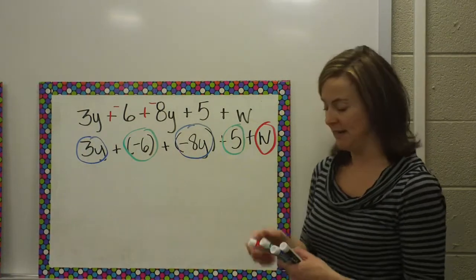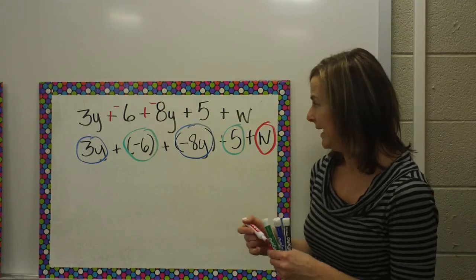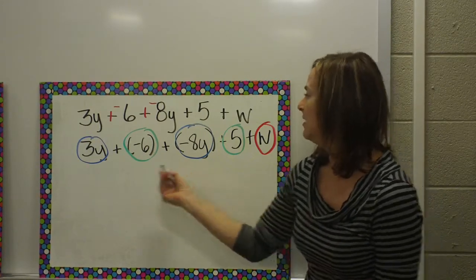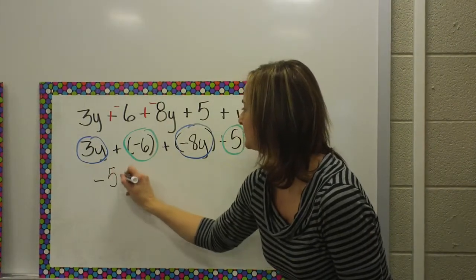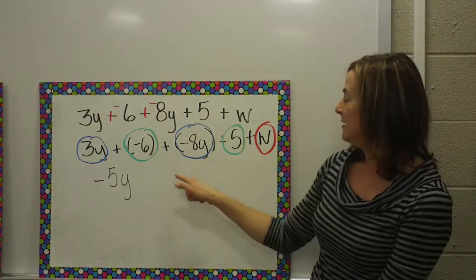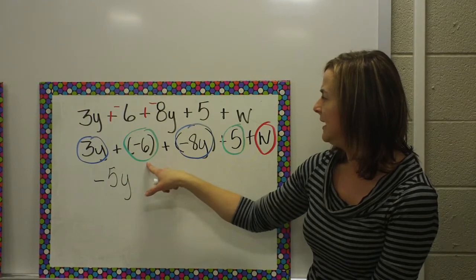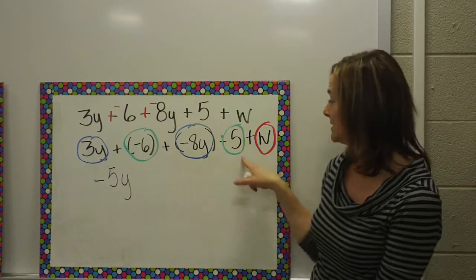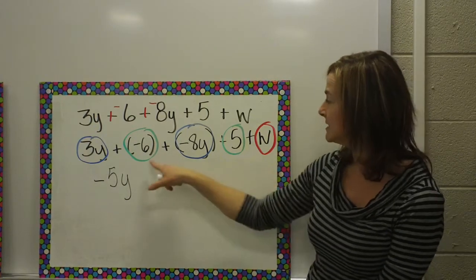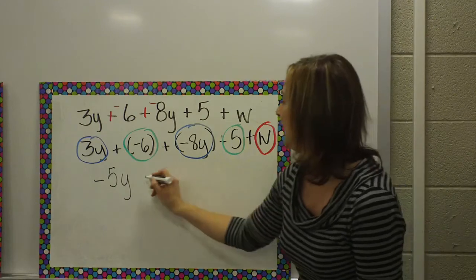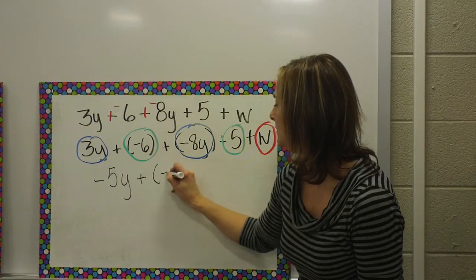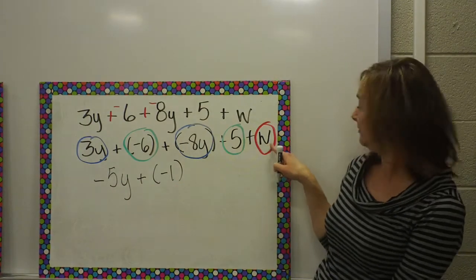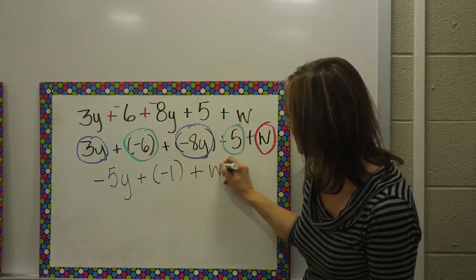Well, 3 and a negative 8 is going to be a negative 5. So I have negative 5y. Then I have a negative 6 and a positive 5. So that means, since I have different signs, I find the difference. And I'm left with a negative 1. Negative 5y and a negative 1. Then my very last piece is this W.